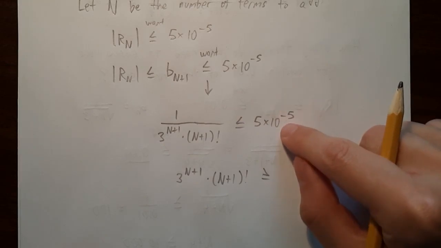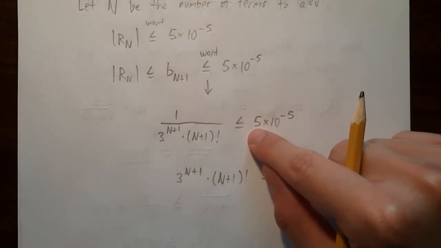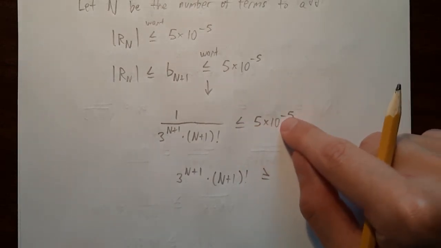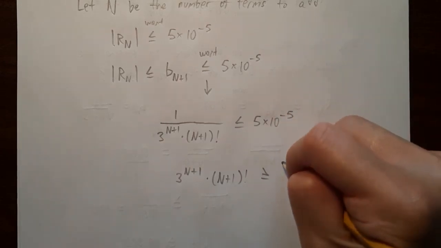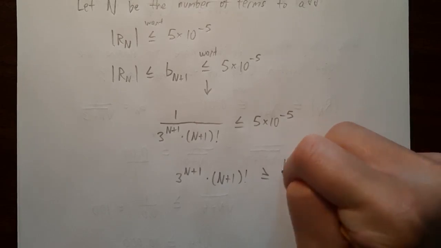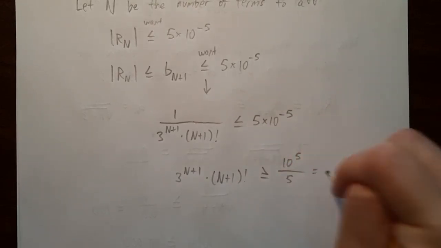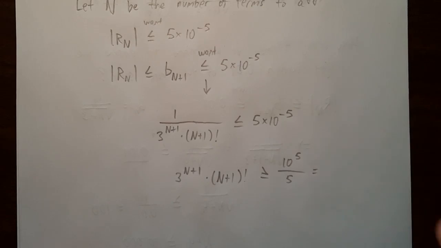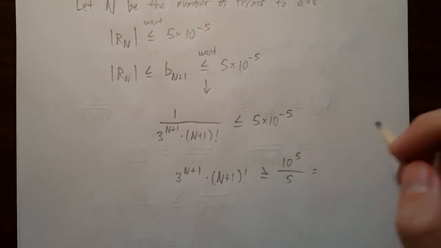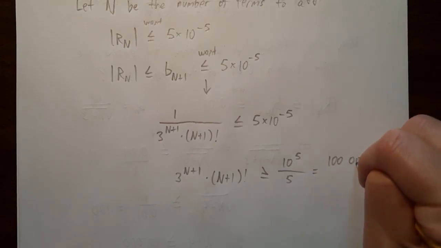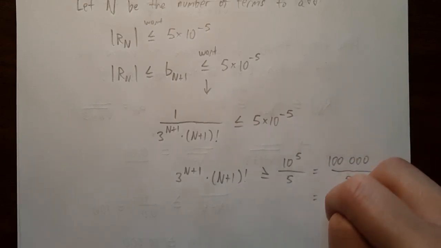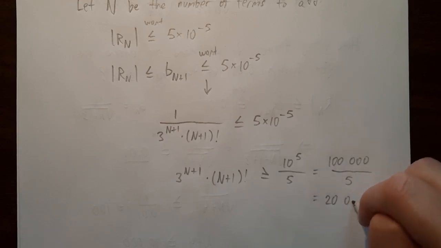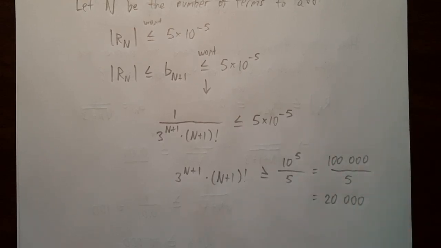If I take the reciprocal, 5 goes downstairs, and the negative exponent becomes positive, so I wind up with 10 to the 5 on top and 5 down below. 10 to the 5 is 100,000, and dividing it by 5, we get 20,000.